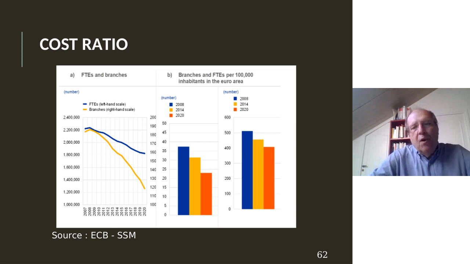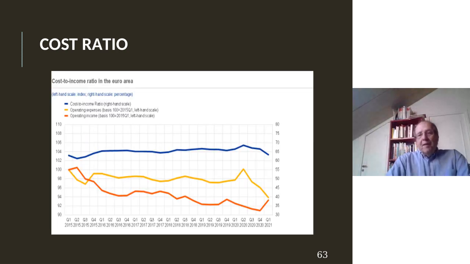So obviously, staff and branch number are the key drivers of the cost ratio. If your staff is going down and your branch number is going down too, obviously you should improve your cost ratio. But they are just short-term management rather than long-term positioning. It should be adapted to your strategy.